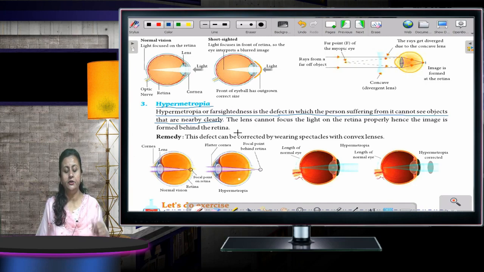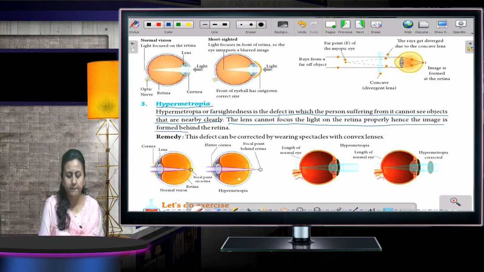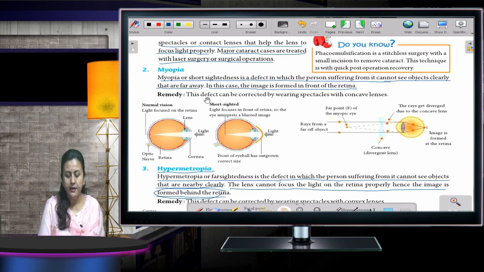In far-sightedness, the person is not able to see things which are very close. The lens cannot focus the light on the retina properly, hence the image is formed behind the retina. In hypermetropia the image forms behind the retina, but in myopia the image is formed in front of the retina.